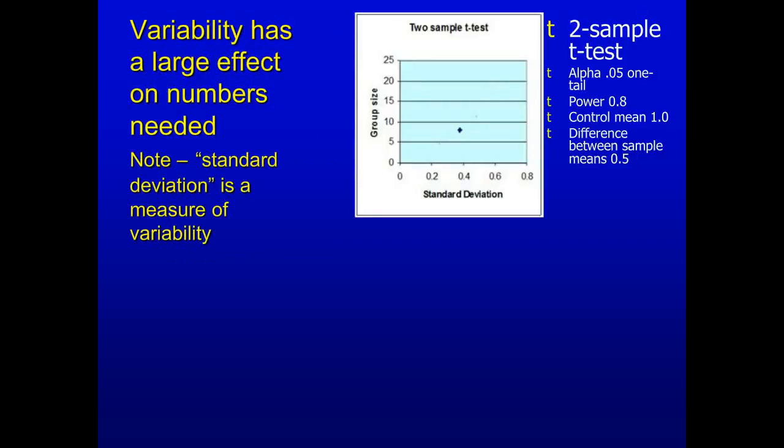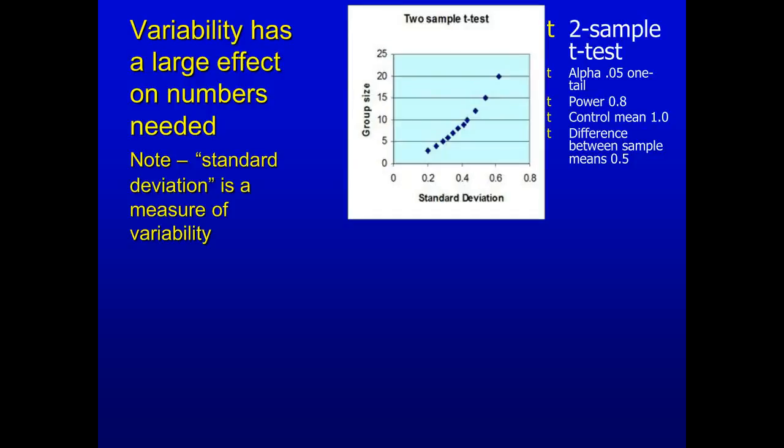And it's important to look at variability carefully, because if you look at a standard measure for variability, the standard deviation, in the circumstances I've given on the top right for a two-sample comparison, in these particular circumstances, a standard deviation, as you can see from the graph, would mean a group size in each of the two experimental groups being compared of around 8. As you get a larger standard deviation, your group size goes up.